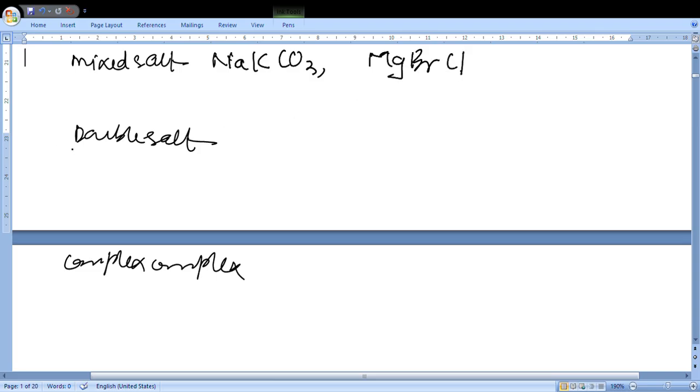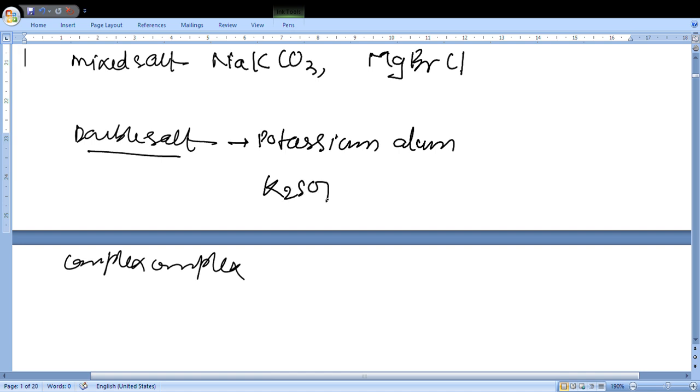MgBrCl. Double salt, we are taking potash alum. We are taking an example of potash alum, and the example is K2SO4.Al2(SO4)3.24H2O, isn't it?